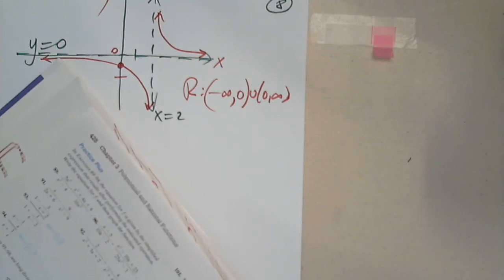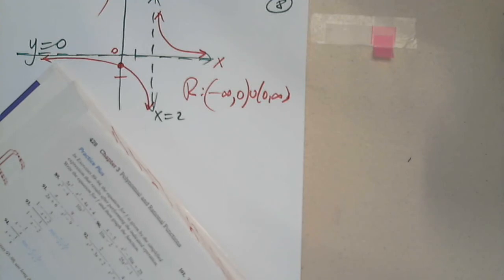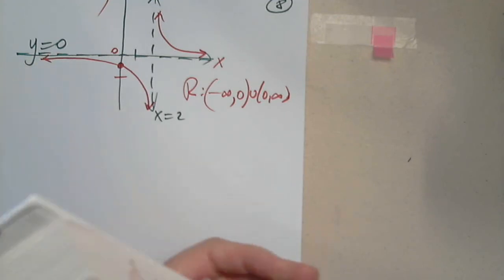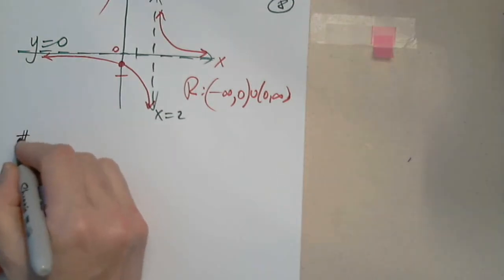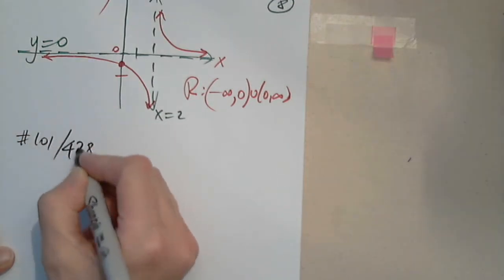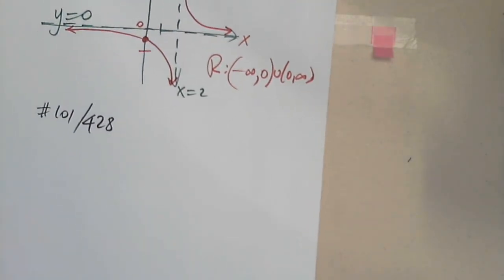If I need to raise the book on something, let me know, and I will. So I'd like to look at problem 101 on 428. And there is a graph there.